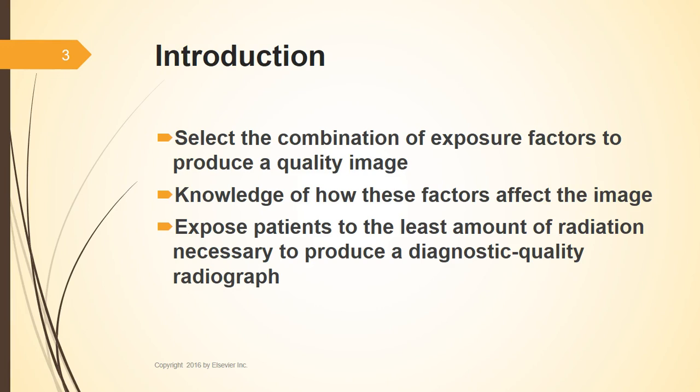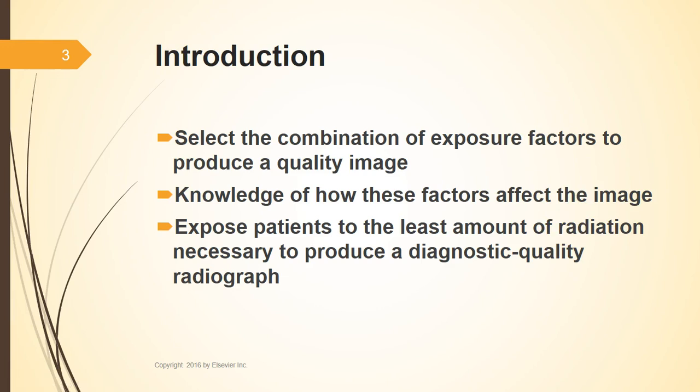Radiographers have the responsibility of selecting the combination of exposure factors to produce a quality image. Knowledge of how these factors affect the image individually and in combination assists the radiographer to produce a radiographic image with the amount of information desired for diagnostic interpretation. And so we are here to get a quality image, and then to change things to make sure that the image is appropriate.